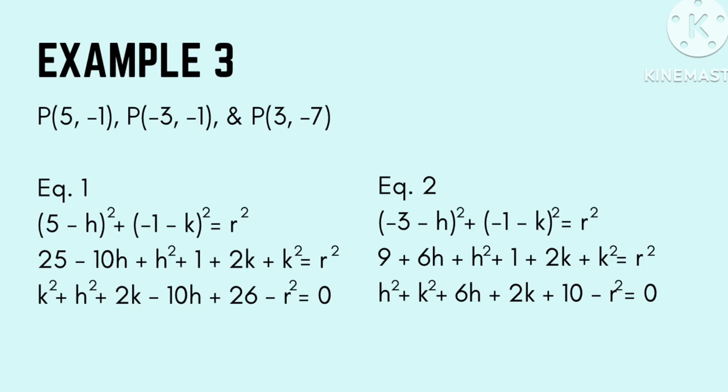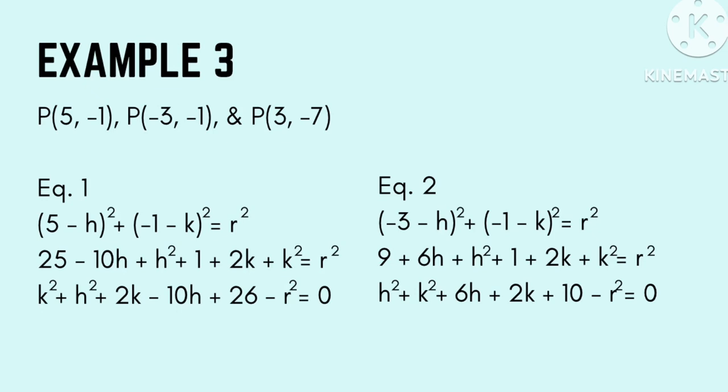And for our next equation, equation number 2, we'll substitute negative 3 and negative 1. So we'll have (negative 3 minus h) squared plus (negative 1 minus k) squared equals r squared, which will result into 9 plus 6h plus h squared plus 1 plus 2k plus k squared equals r squared.